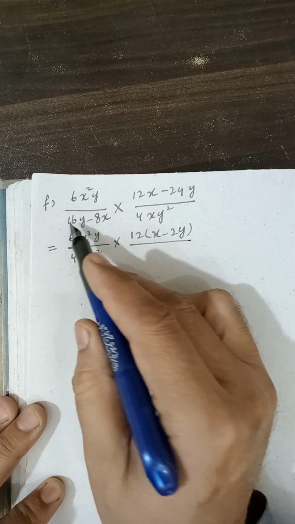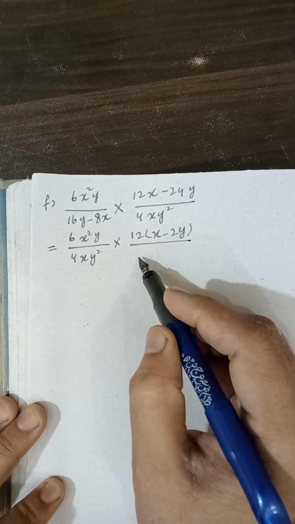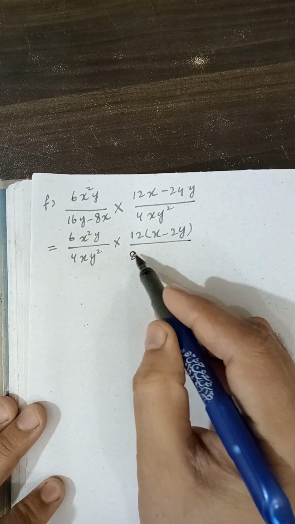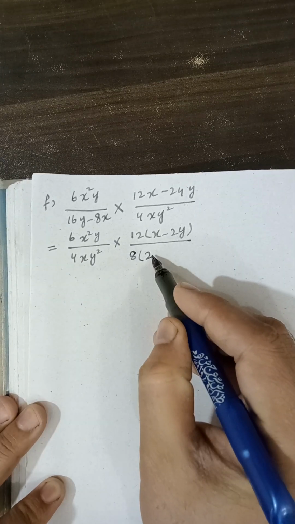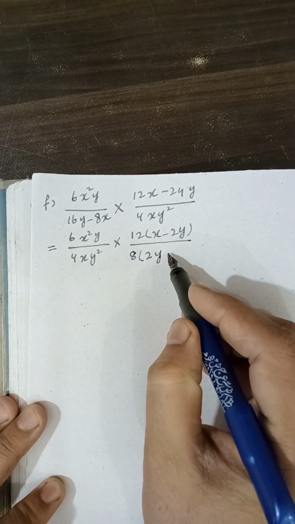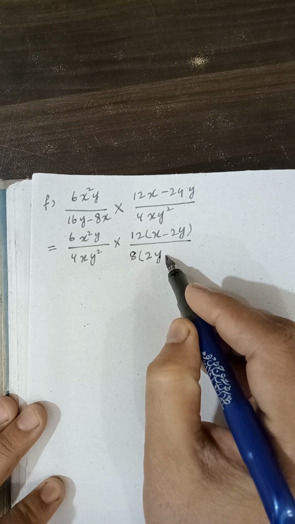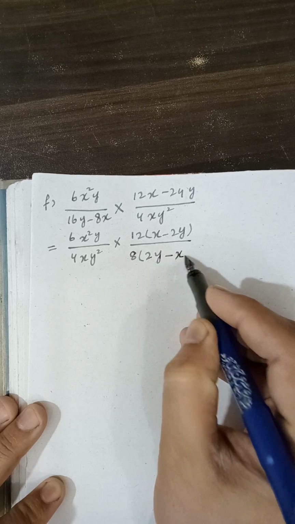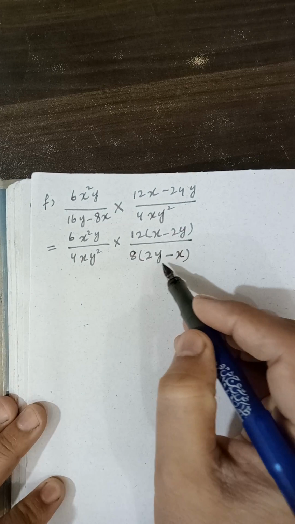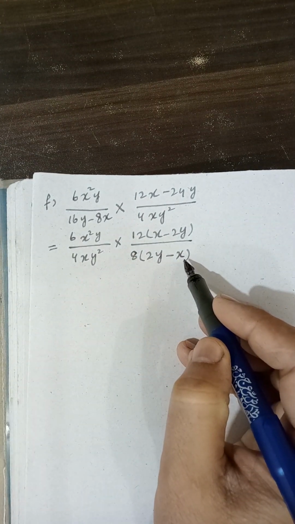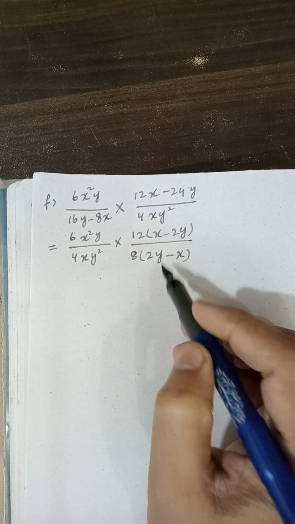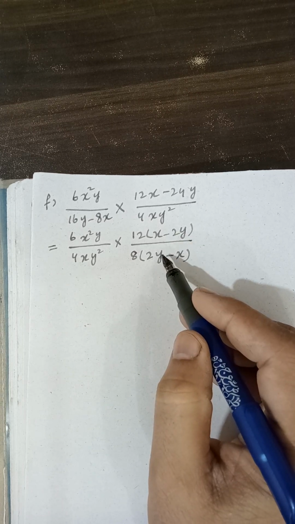Then you can write, after taking 8, 8 into 2y minus x, because 8 is common. So this term will be written as this term here, because both of these terms are the same, so I have written them together in the same fraction.